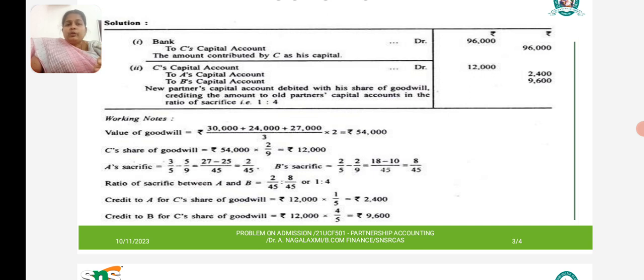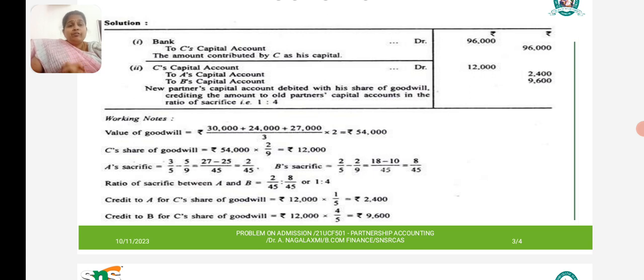So the total is 9, and in that C's share is 2. So 54,000 into 2 by 9, C is supposed to bring rupees 12,000 as his share of goodwill. So we found out C's share of goodwill.